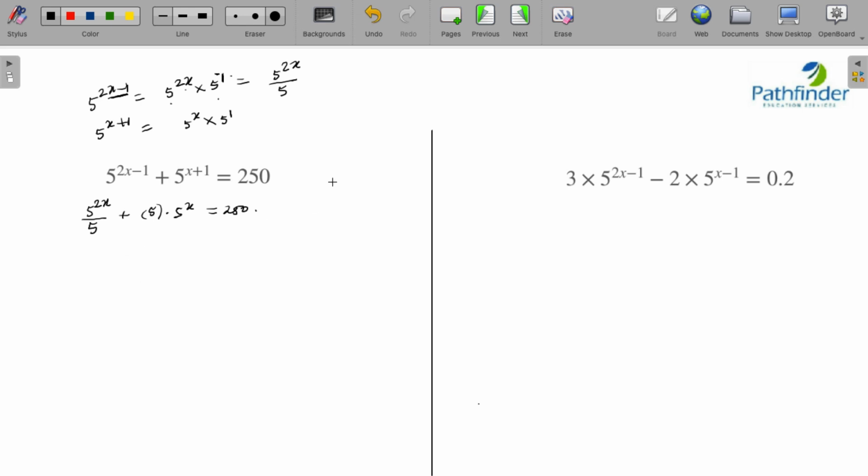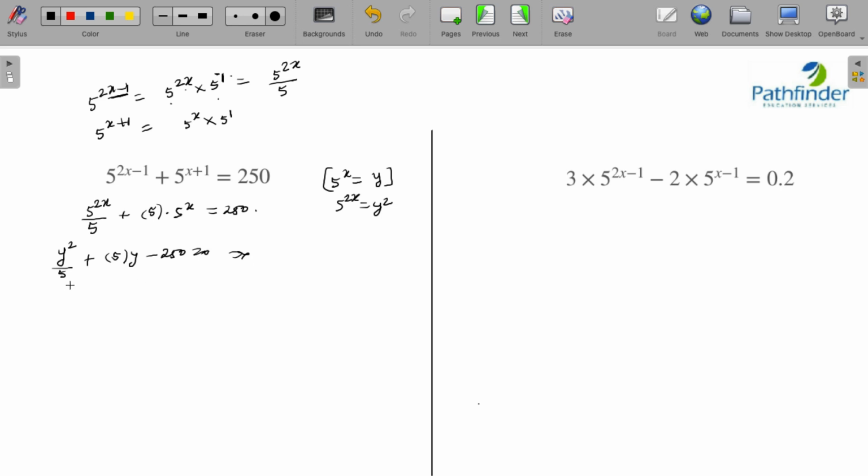Now in order to solve such equations, we need to replace 5 to the power x with y. I'll substitute here 5 to the power x is equal to y. So we have y square, because if 5 to the power of x is y, 5 to the power of 2x will be y square, upon 5 plus 5y minus 250 is equal to 0.